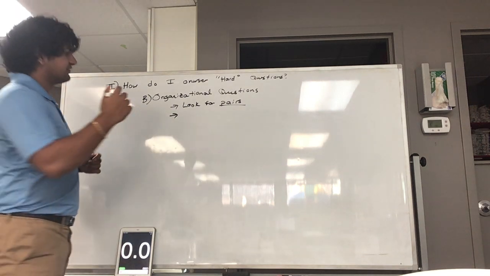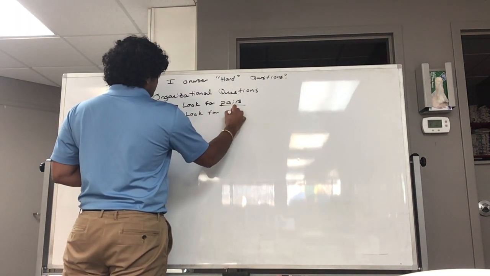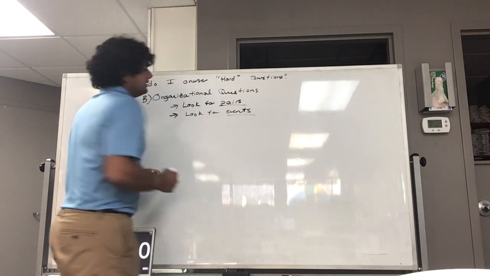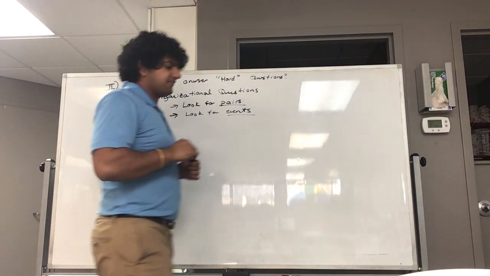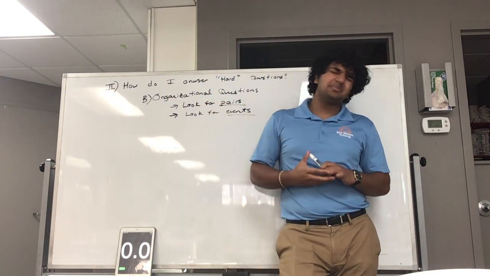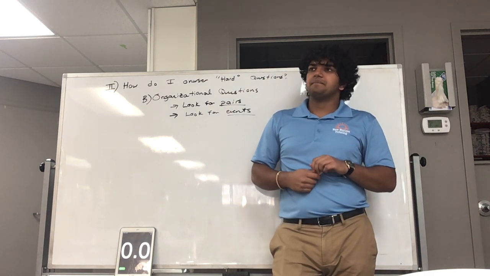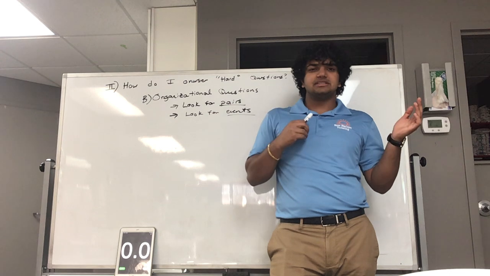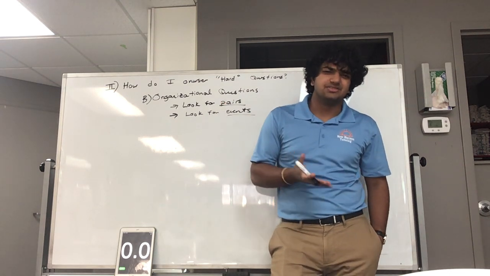Another thing we can do is look for events. What do I mean by events? Well, there's a really funny thing the ACT does and tries to trick people. It's not really a trick, but people fall for this all the time, where there's going to be a few sentences talking about something happening, like a history passage of some sort.